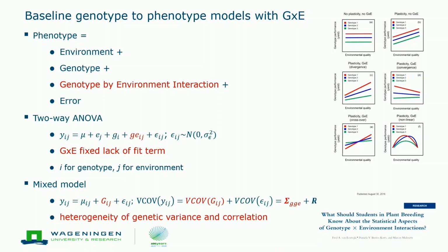You see 2 basic models for it. This is the analysis of variance model, probably about 1 century old. The idea is that if you cannot predict what's happening for a particular genotype in a particular trial or environment, you need some additional term, this G by E term.